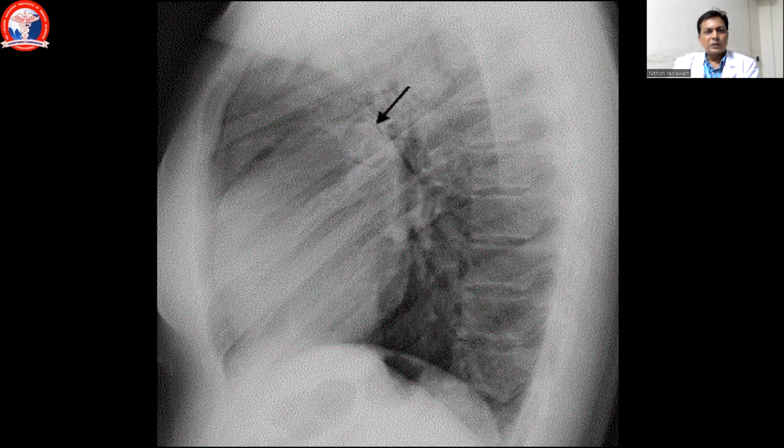Actually, this lucent ring is around the pulmonary artery. This is pneumomediastinum extending to the right hilum. So right pulmonary artery, around that there is a lucent area. So this is called ring around artery sign.